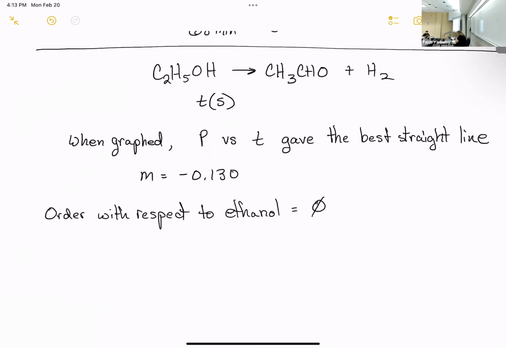So the rate law would be rate is equal to K times the ethanol raised to the 0, and that's just another way to write the same thing. What did I say anything raised to the 0 is? 1. Anything raised to the 0 is 1, so that means rate is equal to K.